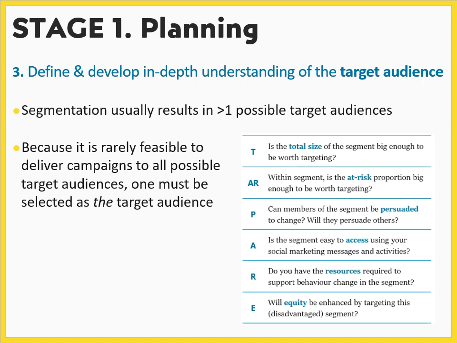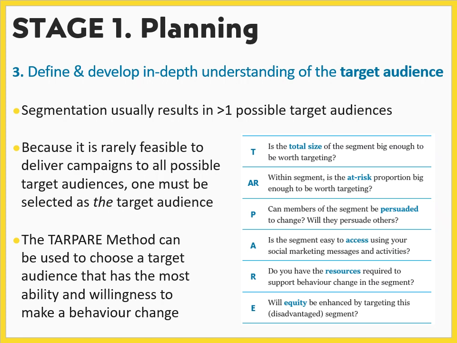The TAR-PAIR method, covered in earlier lessons about social marketing, can be used to choose a target audience that has the most ability and the most willingness to make a behavior change. Overall, selection of the target audience needs to be considered very carefully because it affects the entire success of the campaign. If you can't remember what the TAR-PAIR method is, go back and read about it, and be sure to do the readings about it for this lesson.